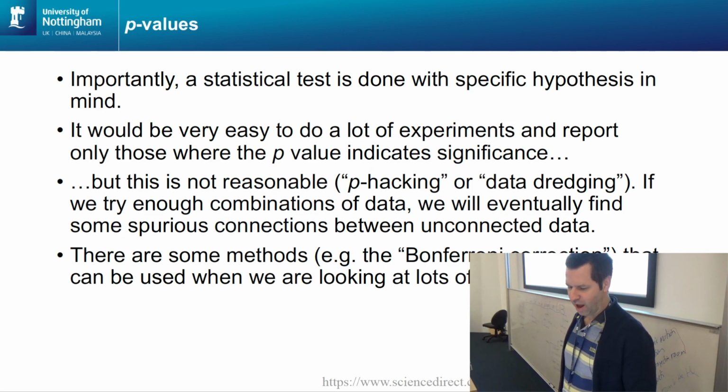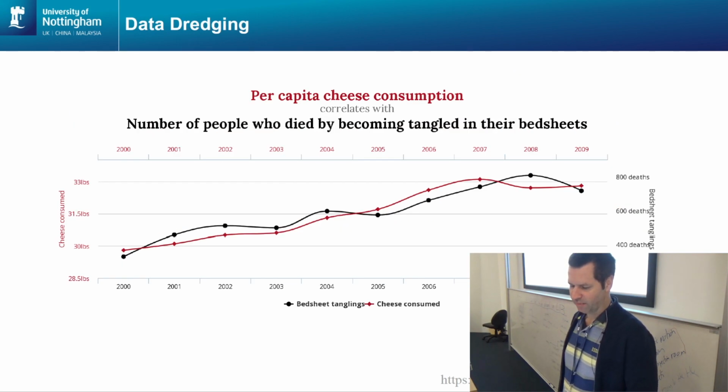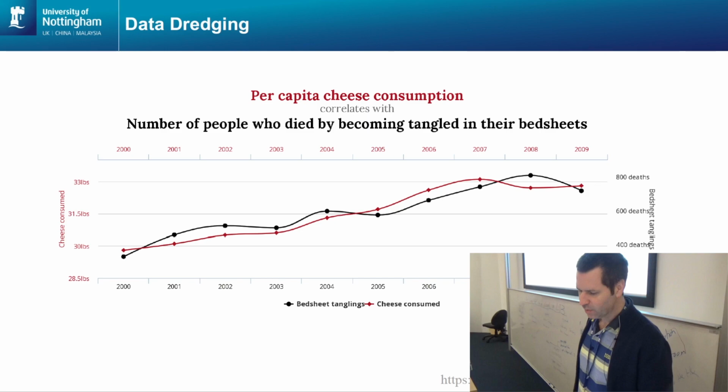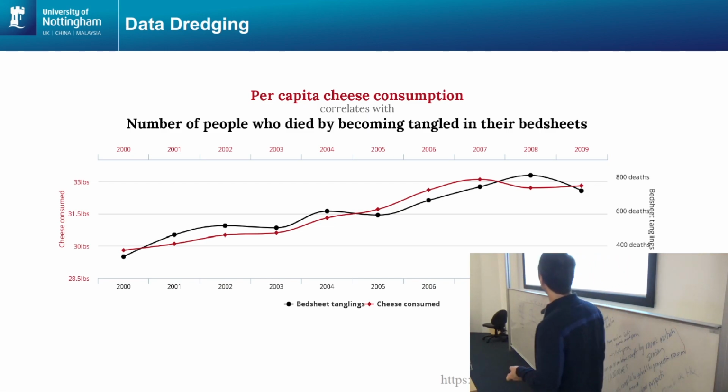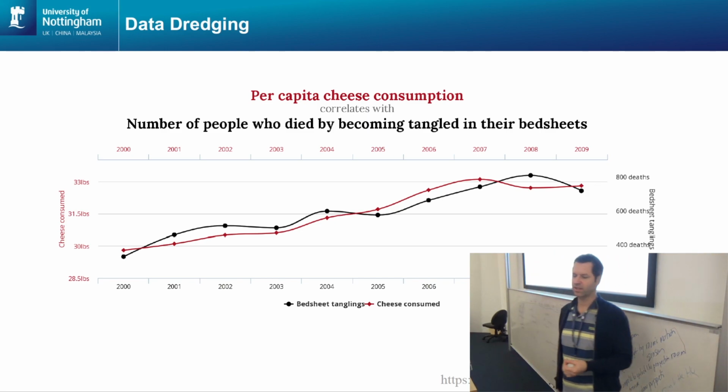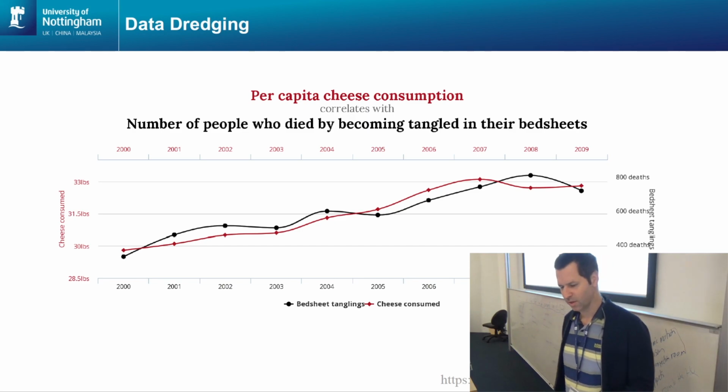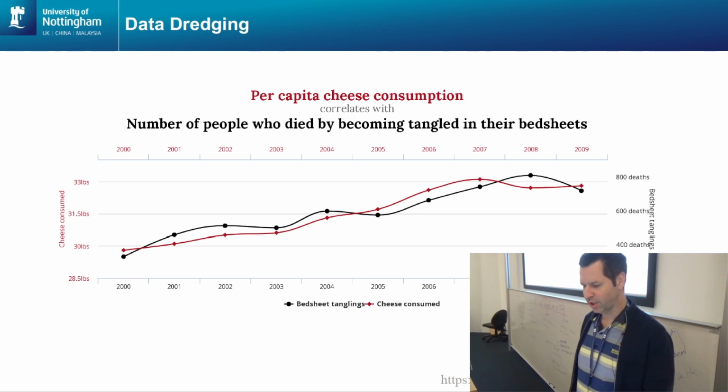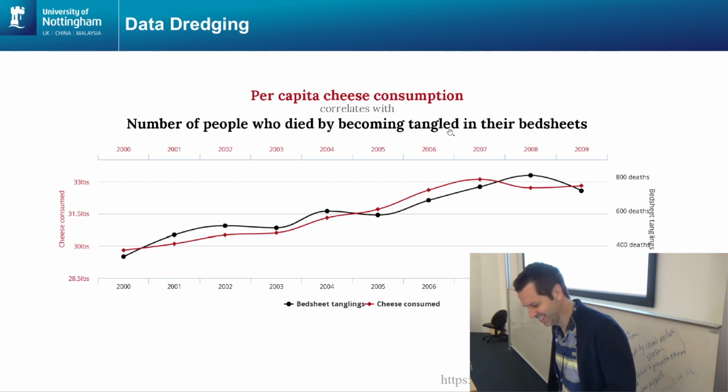And I'm just going to wrap up here. This is an example of trying to draw a relationship between two data sets that doesn't really exist: per capita cheese consumption versus the number of people who died by becoming tangled in their bed sheets.